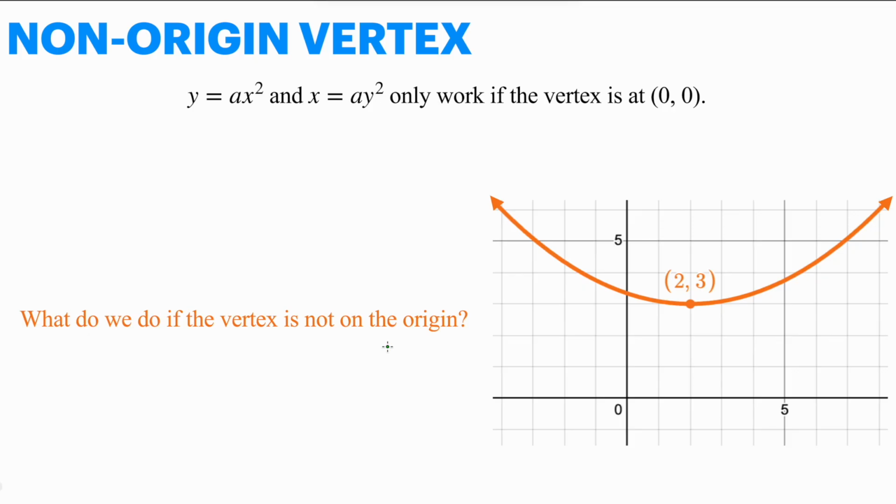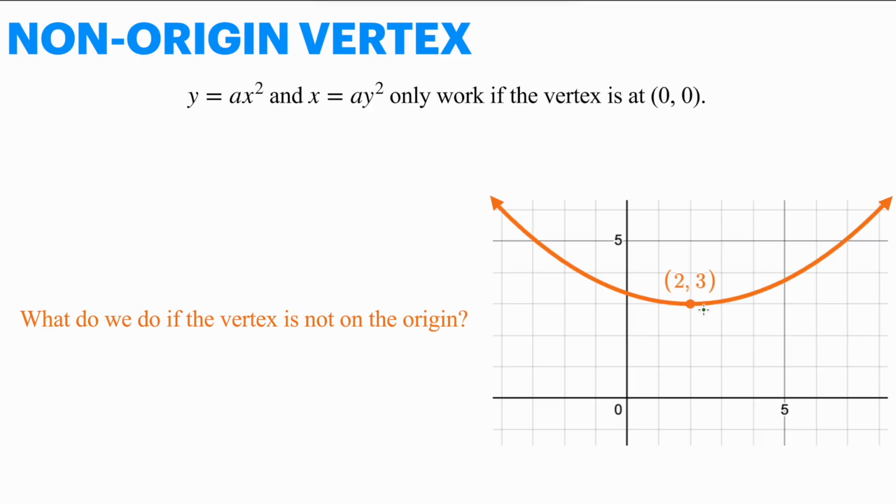Now, what happens if the equation of a parabola, or the graph of a parabola for that matter, is not coming from the origin? If it's not coming from (0, 0), and instead the vertex is at a different place.